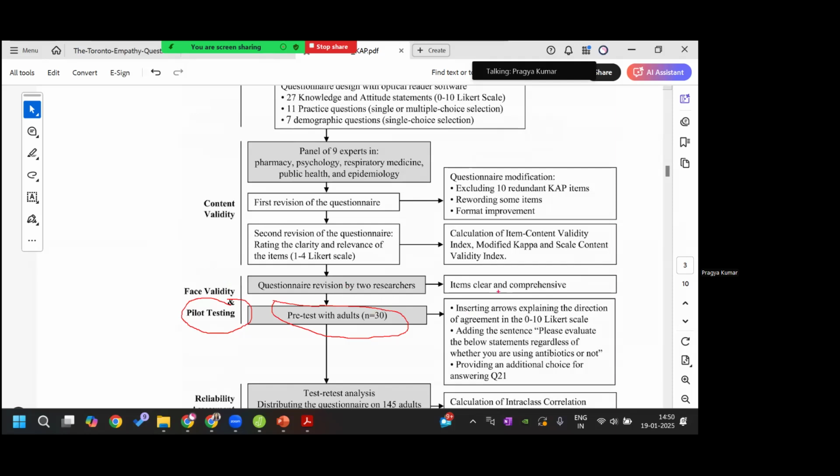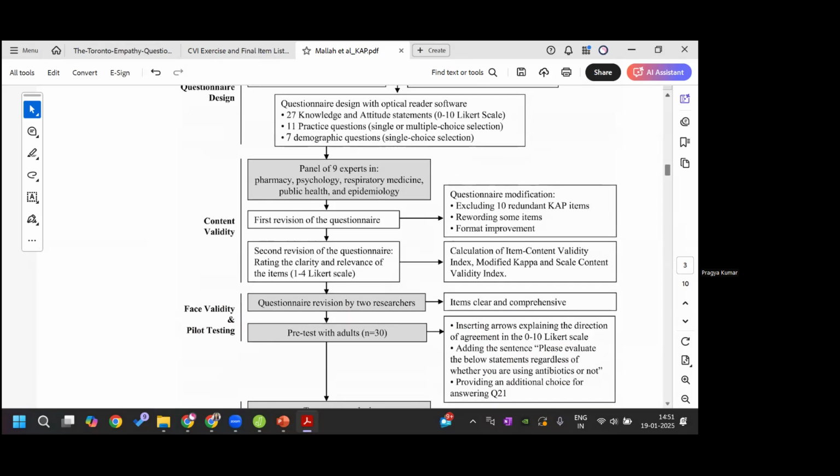And then they have mentioned everything like inserting arrows, explaining the direction of agreement, adding the sentence like please evaluate regardless of whether you use antibiotics or not, what Dr. Ravi just read, and providing an additional choice for answering question number 21. So this they have added. So till now, you know the process up to this point.